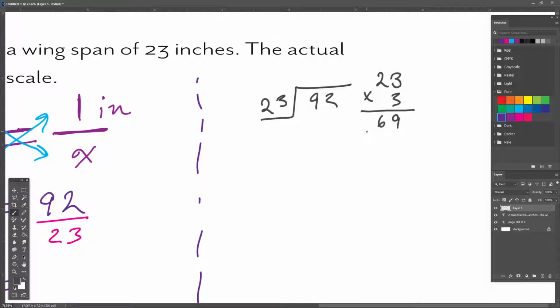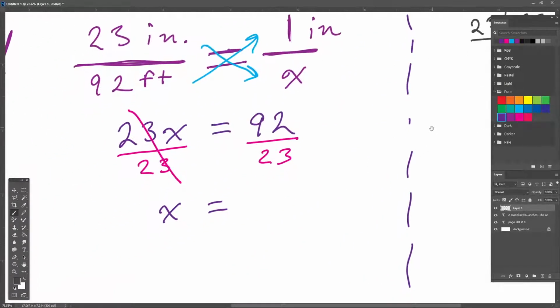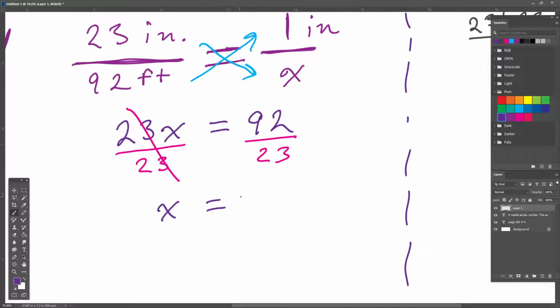It looks too small. Let's go up another notch. So let's do 23 times 4. 4 times 3 is 12. 4 times 2 is 8 plus 1 is 9. It works out even. So 4 is our answer. So x equals 4.